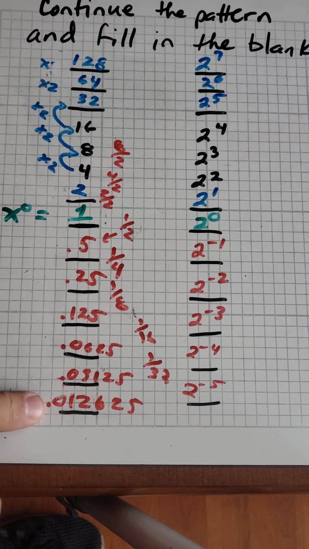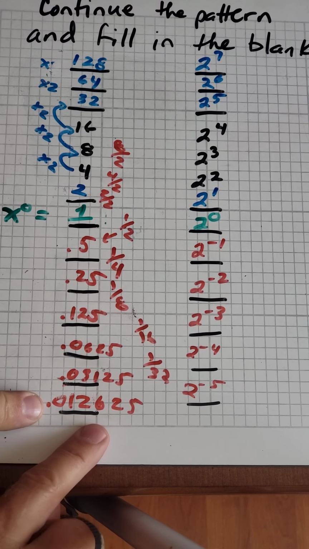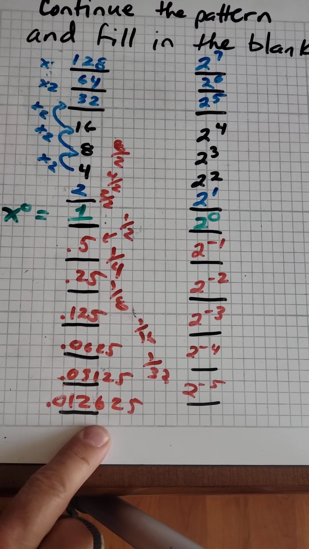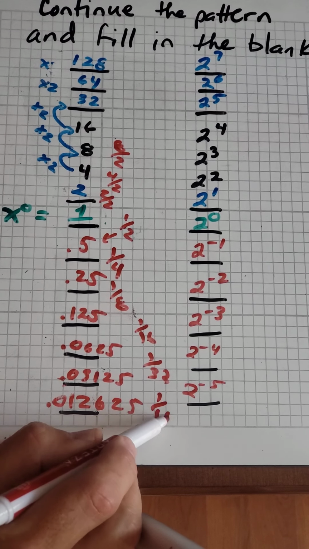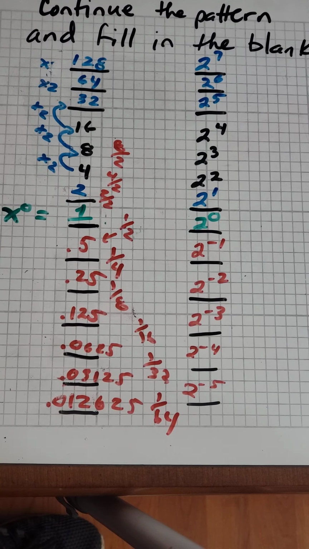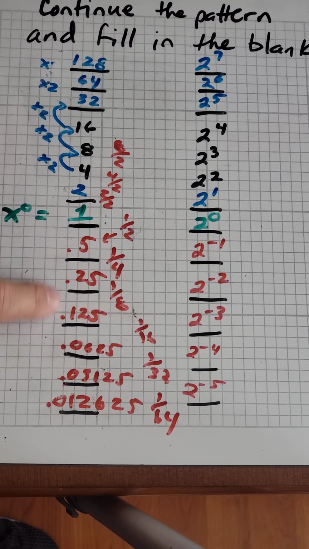So that bottom one down there that I couldn't figure out in my head, which I've now written, is 1/64. So this one here is 1/64. Okay? So that's kind of interesting. And it doesn't show up if we write our answers in decimal form. So if we write our answers in decimal form, all we see is 0.5, 0.25, 0.125.